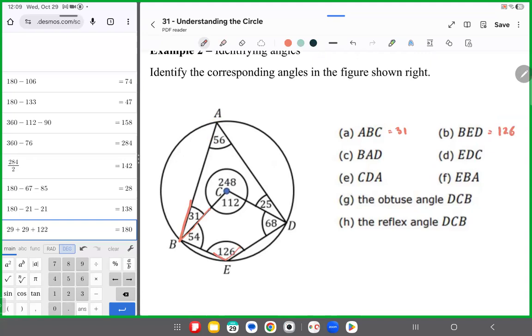What about BAD? That appears to be 56. EDC, that looks like it's going to be this one. That's going to be 68. What about CDA? That one appears to be 25.